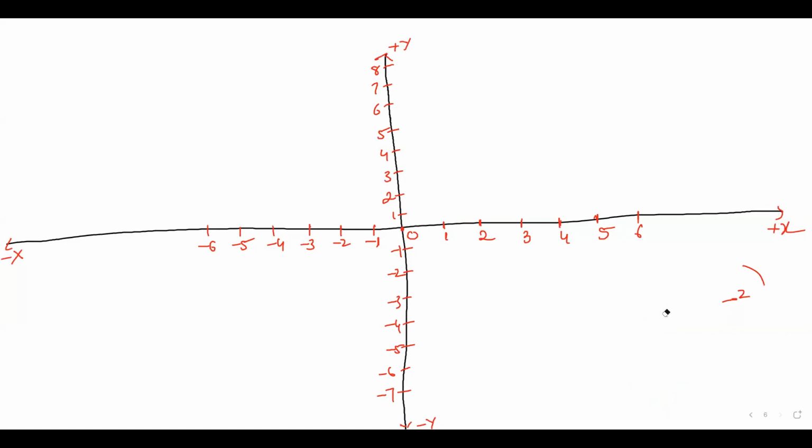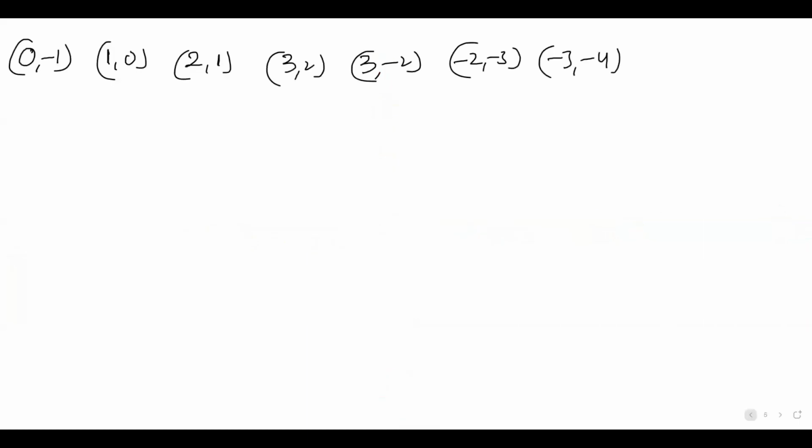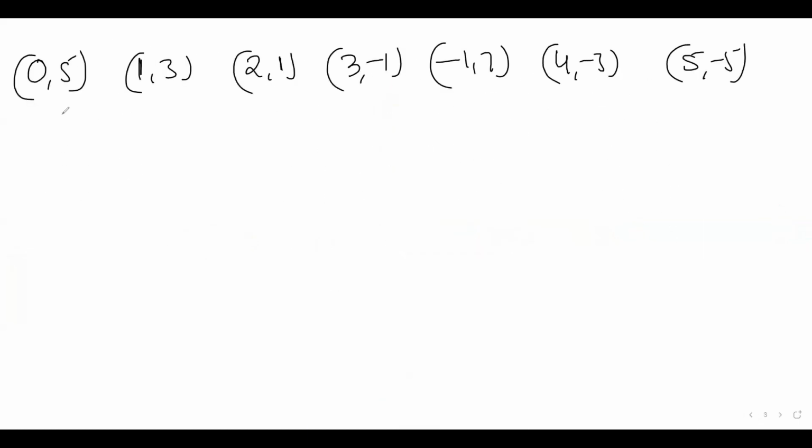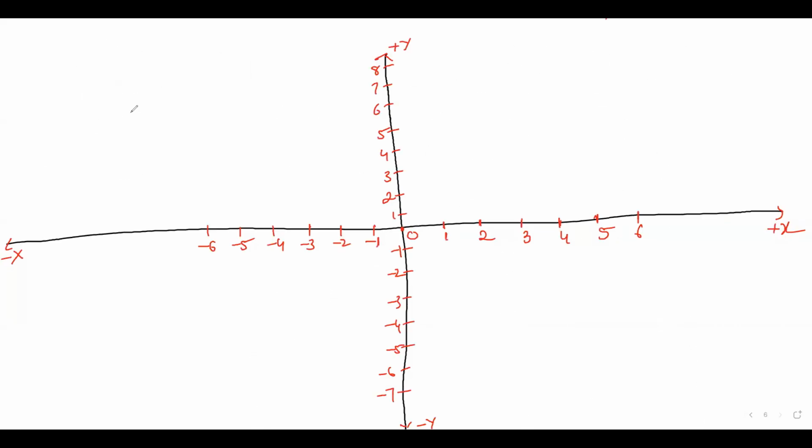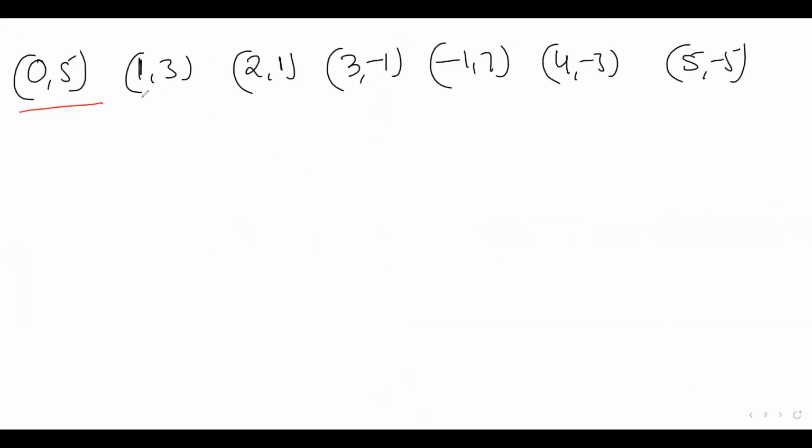Now let us plot the first line points. Take the points of the first line. What are the first line points? The first point is 0, 5. This is 0, this is 5. This is the first point. Go to the next point: 1, 3.